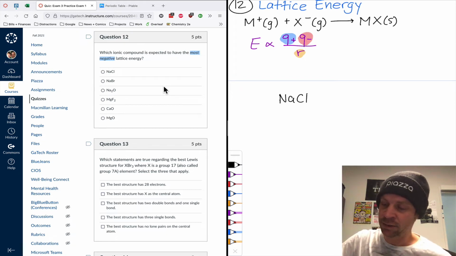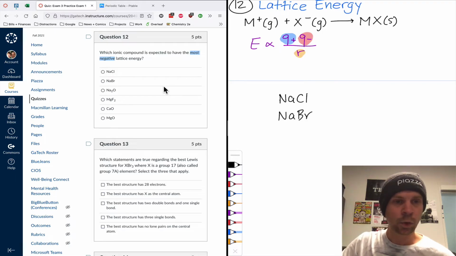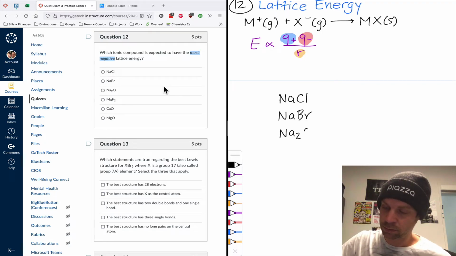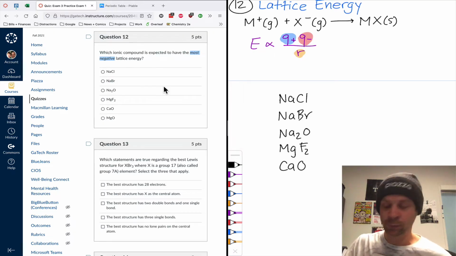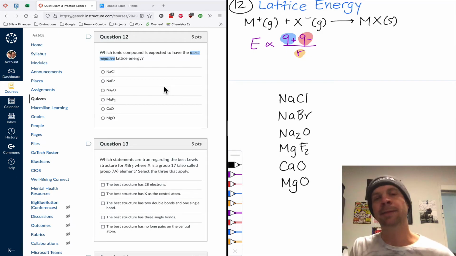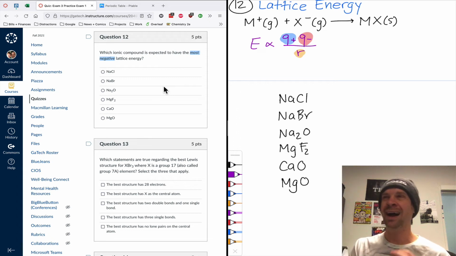So we have NaCl, NaBr, Na2O, MgF2, CaO, and finally MgO. One tip or trick for lattice energy problems is to appreciate that charge has a much bigger influence on the magnitude of lattice energy than ionic size. Ionic size doesn't change that much, not nearly as much as charge, going from +1 to +2 to +3, for example. So think about the charges first.